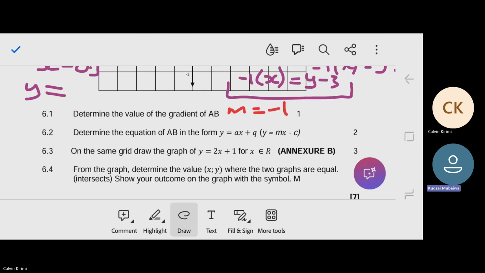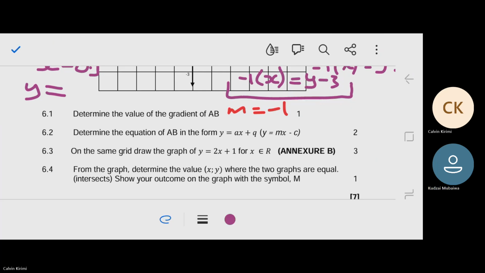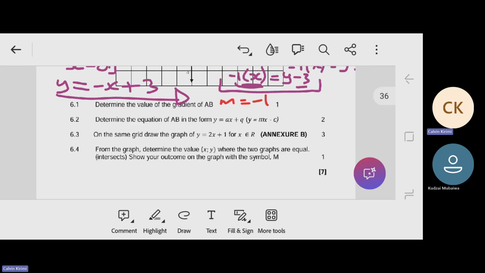Y is equal to -x. This times that, you get what? -x. And the 3 goes the other side. It becomes +3. What is it that you don't get there? That is what we've been doing all along, solving equations each and every time.